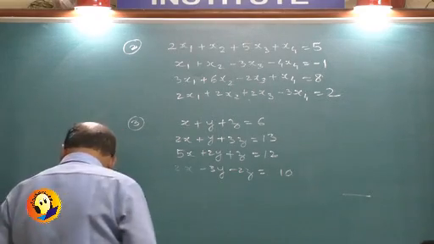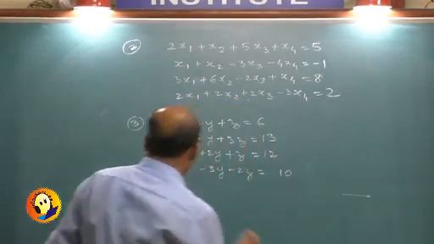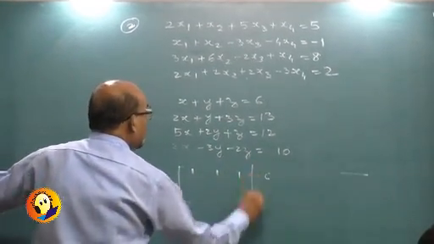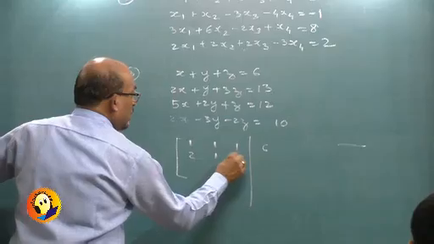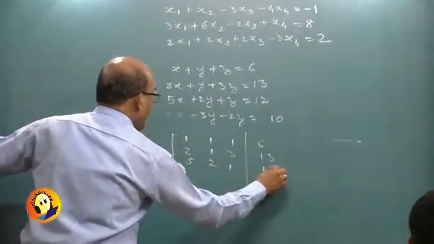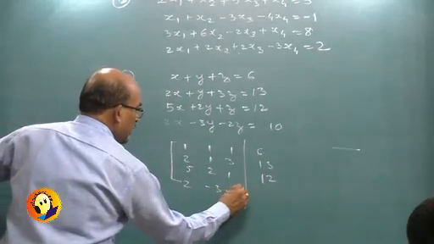We will follow the same job. We will write it in the matrix form as 1 1 1 6, 2 1 3 13, 5 2 1 12 and 2 minus 3 minus 2 10.